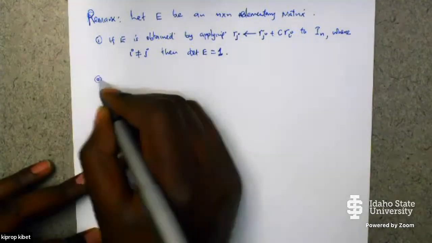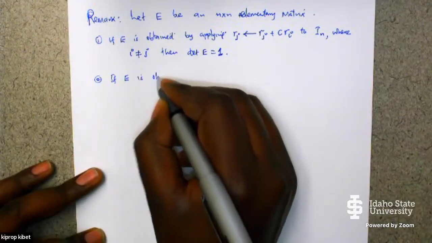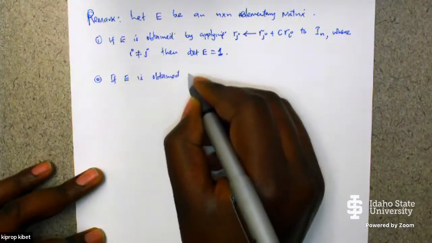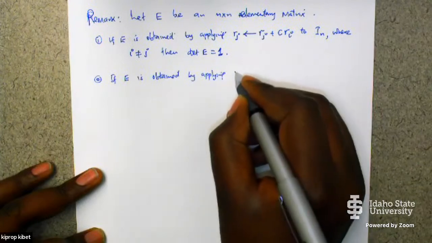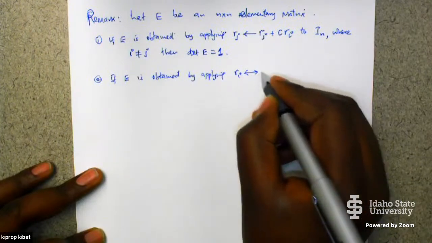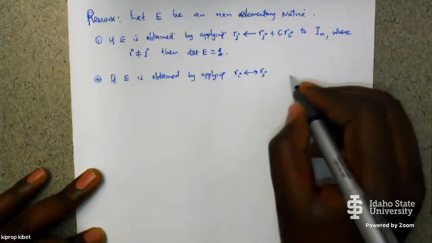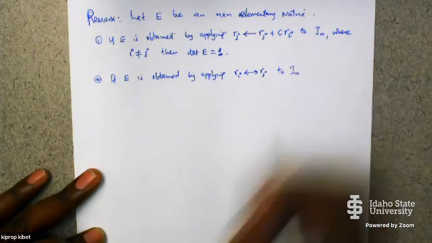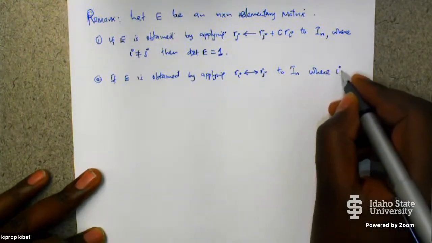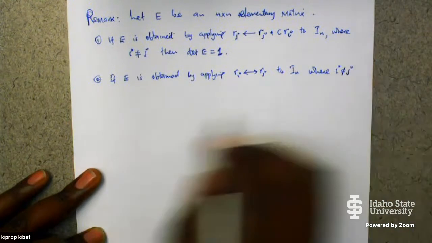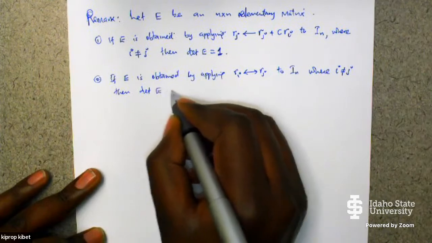Number 2, if E is obtained by applying the switch of Ri and Rj to In, where i is not equals to j, then the determinant of E is equals to -1.